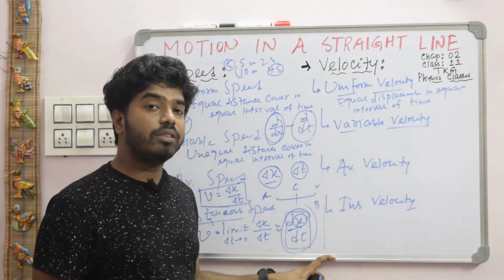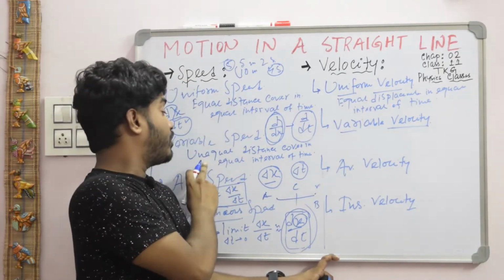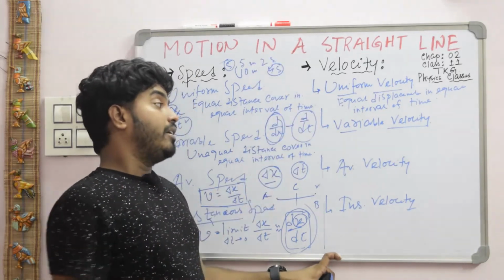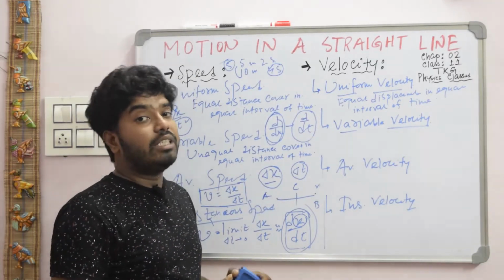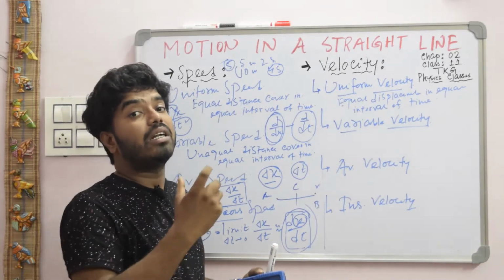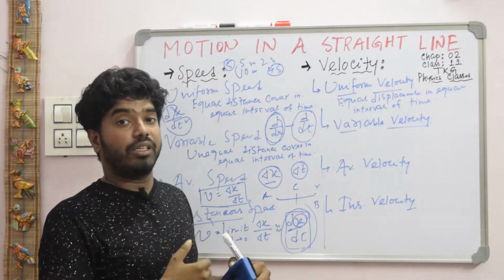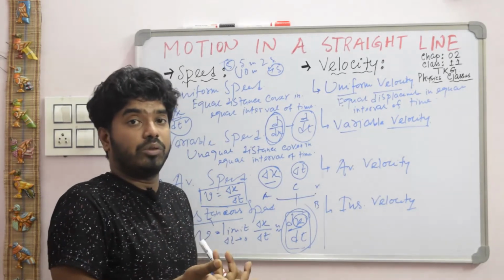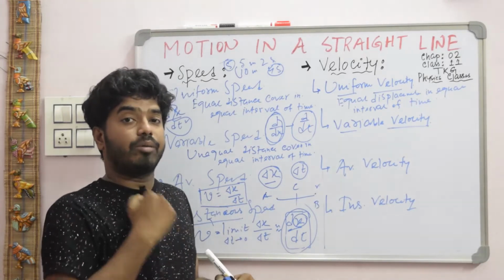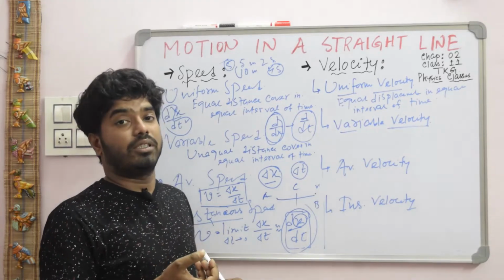Now second, variable velocity. What is variable velocity? The definition is the same. Here there is a variable speed; a body covers unequal displacement in equal intervals of time. A body is said to be in variable velocity when it covers unequal displacement, or there is a change of direction, or both unequal displacement as well as direction change, in equal intervals of time. We can say the body is in variable velocity, right?